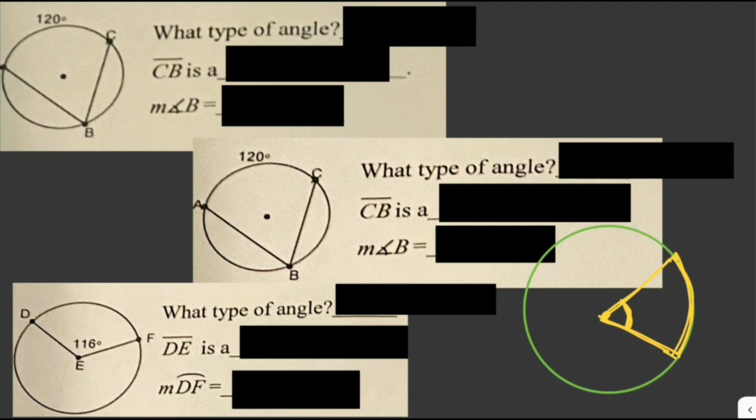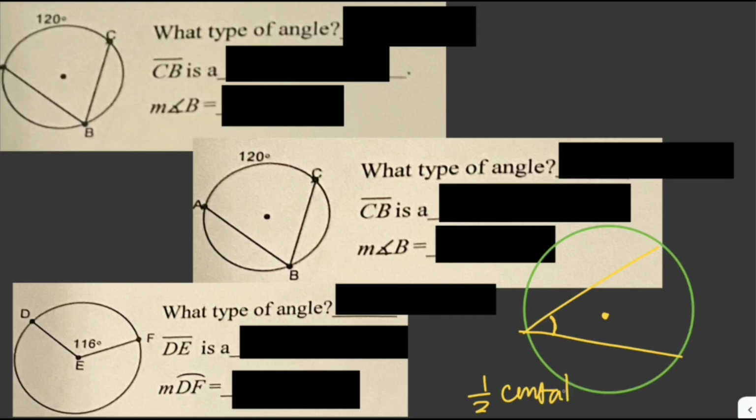Okay, and then the inscribed angle of a circle. This is the inscribed angle of a circle, which is just one half of the central angle, or the intercepted arc.